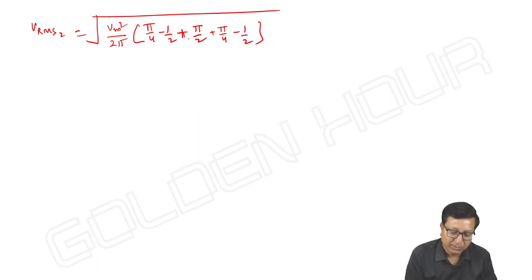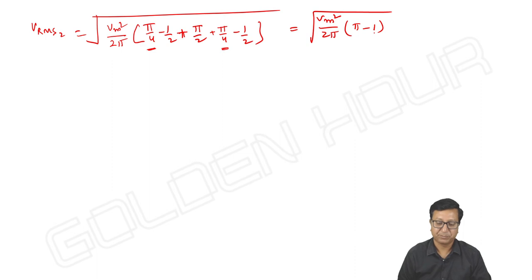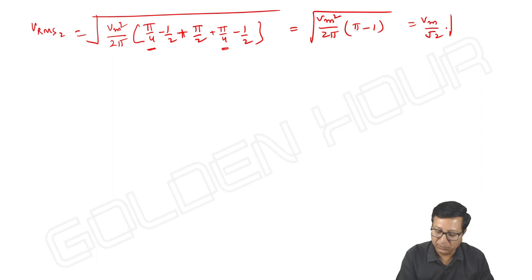So what we can see here is Vm square by 2 pi under root, pi by 4 plus pi by 4, pi by 2 plus pi by 2, it is pi, and minus 1 by 2 minus 1 by 2, it is minus 1. Or it is Vm by root 2 into square root of pi minus 1 by pi.